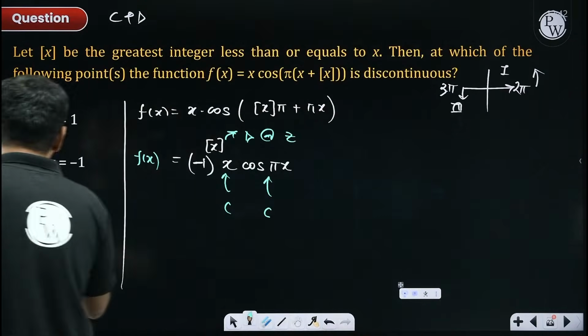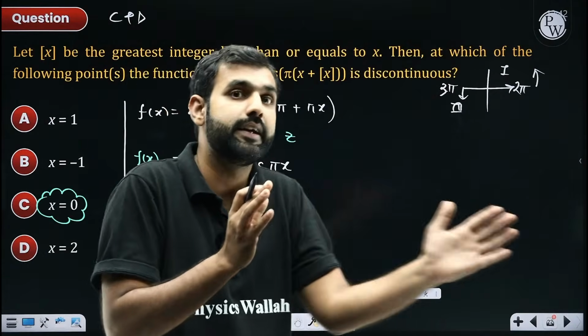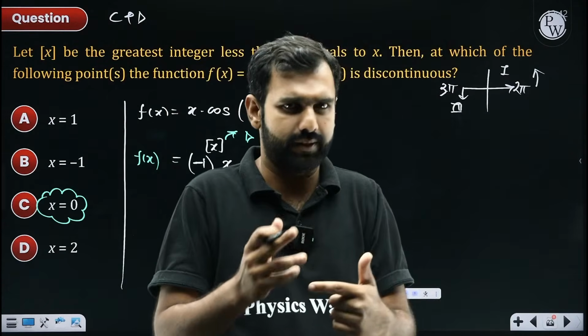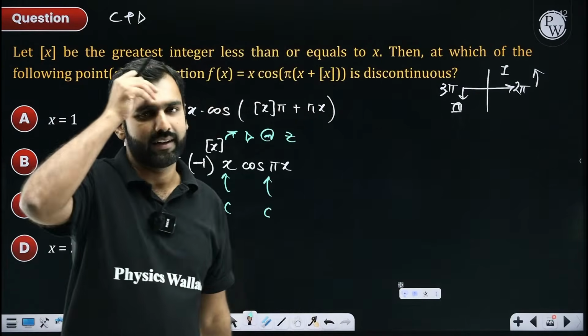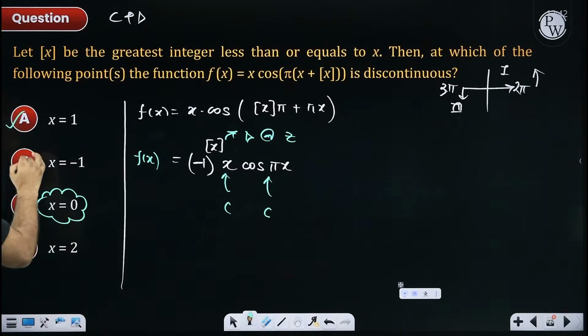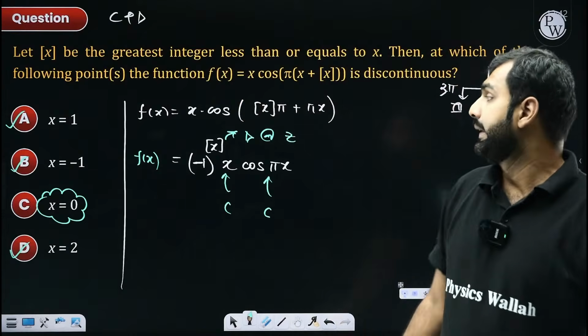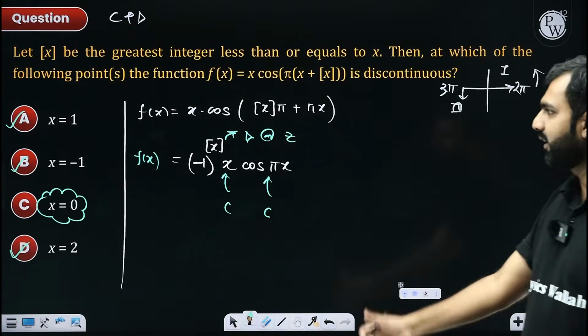So except for 0, it will be discontinuous at all the other integral values. Did you all understand that, or shall I repeat that part? So my answer will be that at options A, B and D it will be discontinuous, but at the rest of the integral values it will be discontinuous.